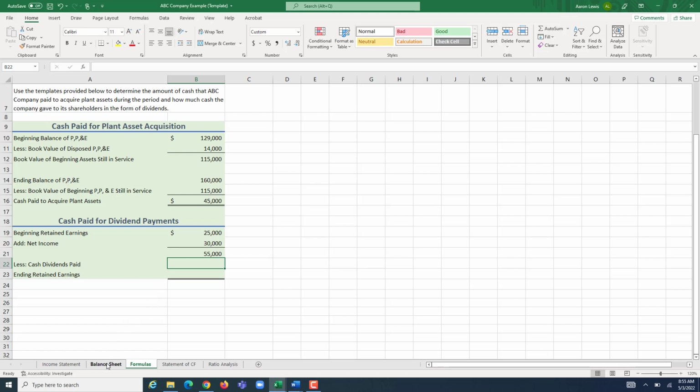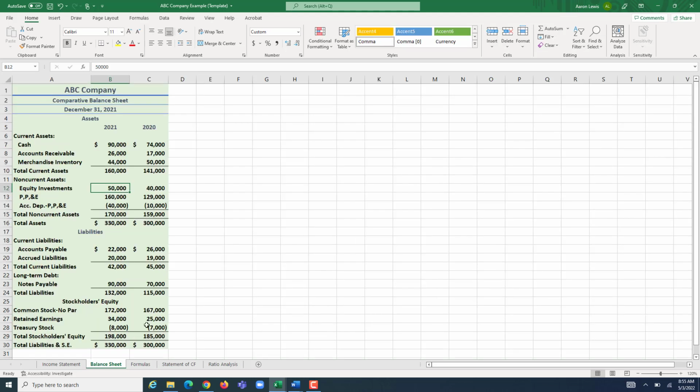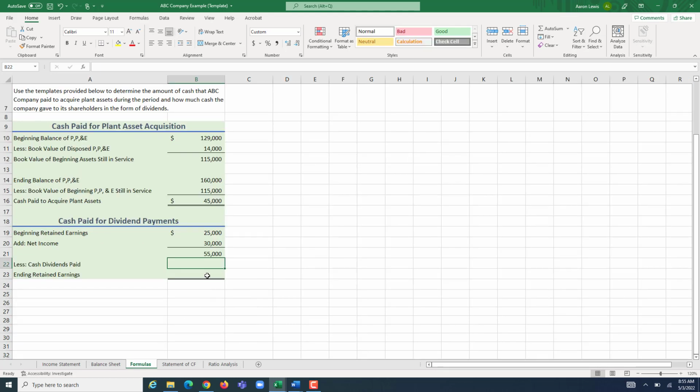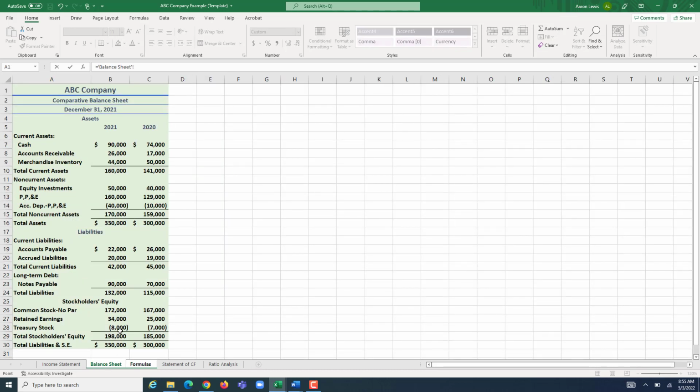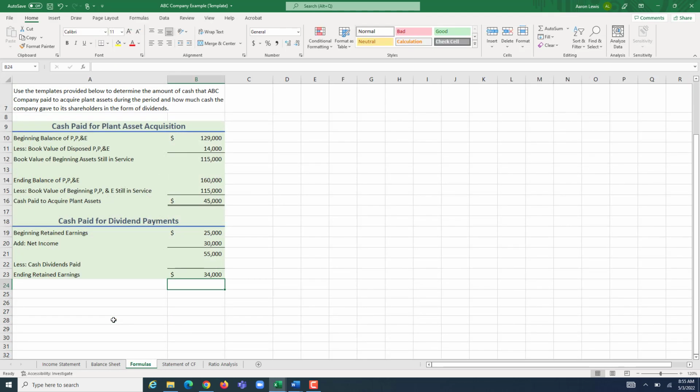Let's go back to our balance sheet and see what our retained earnings balance was for 2021. And we see here, we only have $34,000 of retained earnings. Curious. We could have had $55,000, but our ending retained earnings is only $34,000. Well, to get from what could have been to what actually was, we must have paid dividends. So what amount of dividends must we have paid during the period? We must have paid $21,000 in cash dividends.